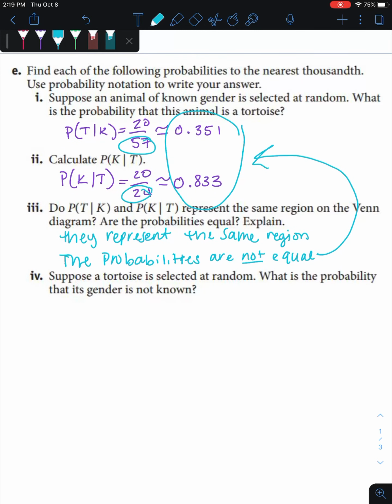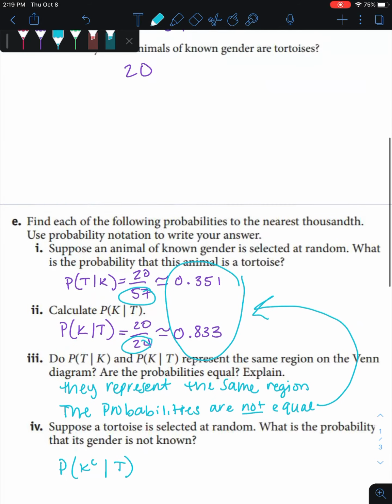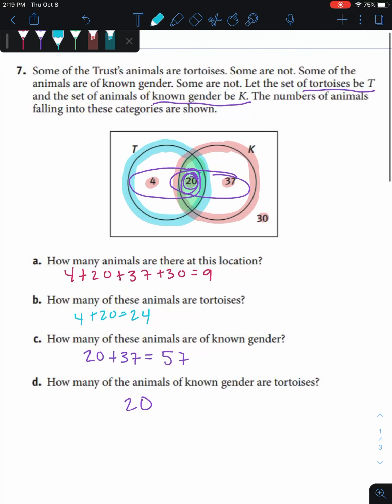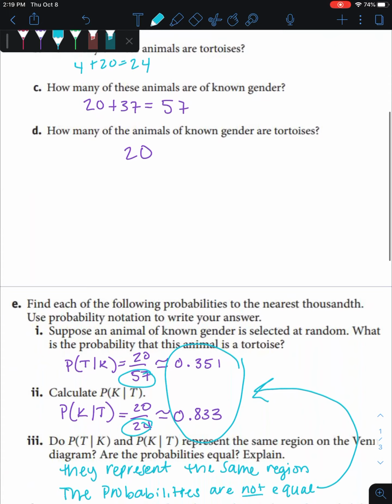So suppose a tortoise is selected at random. What is the probability that the gender is not known? So I would write this, and probability notation would be P, the complement of K, given T. So I can look in my Venn diagram, and my complement of K would be 4, and then T is 24.